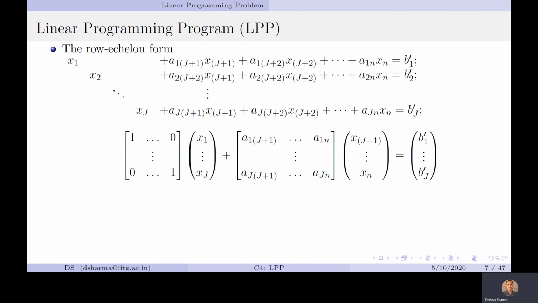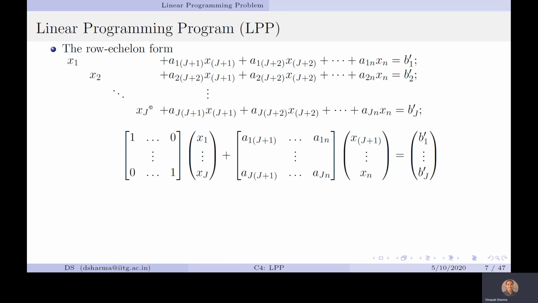So let us rewrite the row echelon form. Since we can write x1 to xj in terms of the other variables, you can see they are written in this form. And the other variables, from j plus 1 to n, are written with the help of other coefficients.